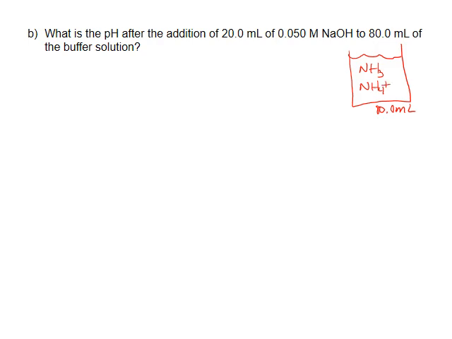The concentration of the ammonia in our original buffer was 0.3 molar, and the concentration of the ammonium ions was 0.36 molar. To this solution, we're going to add 20 milliliters of 0.05 molar sodium hydroxide.